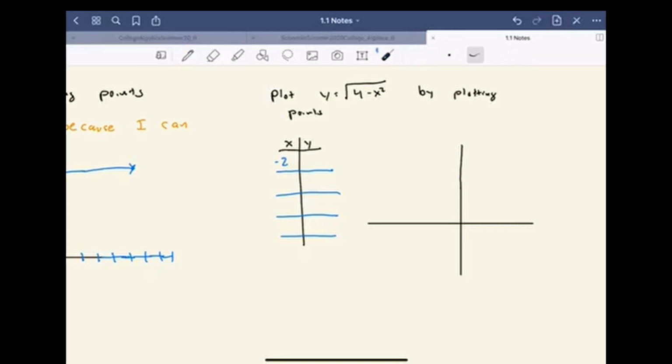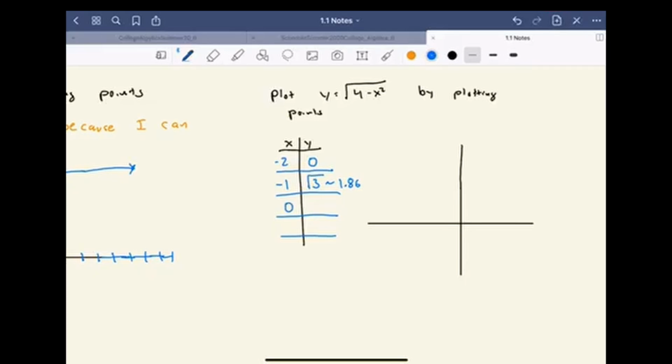Okay, if I plug negative 2 in for x, negative 2 squared is 4. 4 minus 4 is 0. So I'll get the square root of 0 is 0. Negative 1. If I plug that in, I get the square root of 3, which is approximately 1.86. That'll help us when we're graphing.